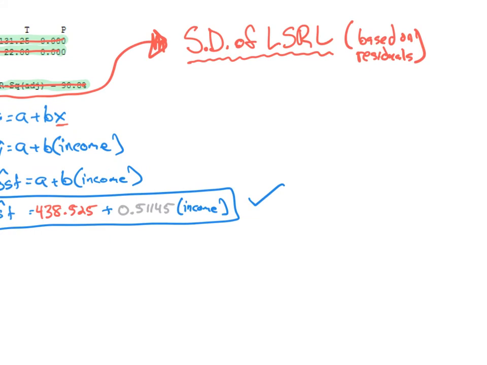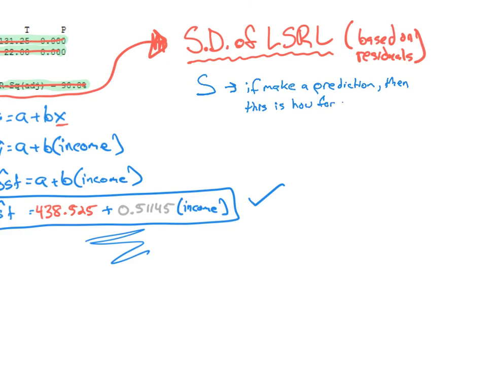So this number, the S value, tells you that if we make a prediction using this equation, this is how far off our prediction is expected to be.